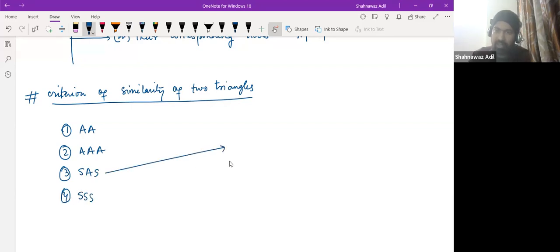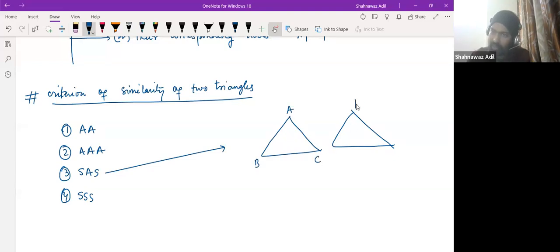So in SAS, we have to always remember that if we have two triangles, let's say ABC and PQR, and these angles are equal, then the two sides enclosing the angle should be proportional.